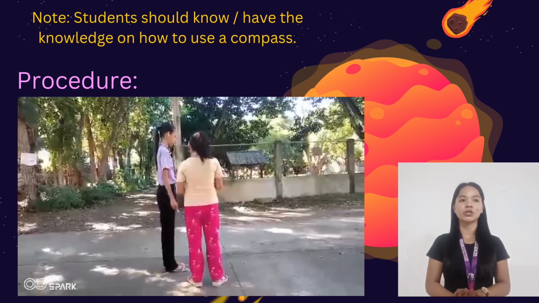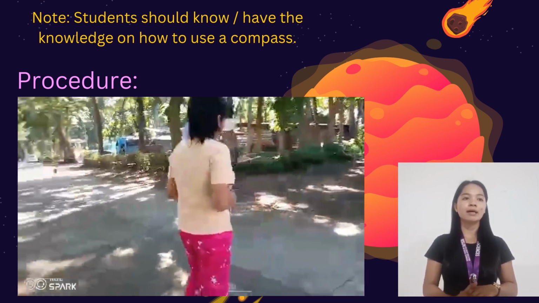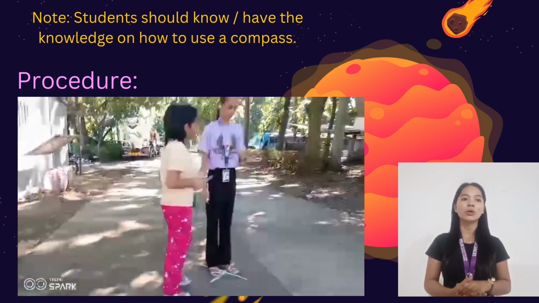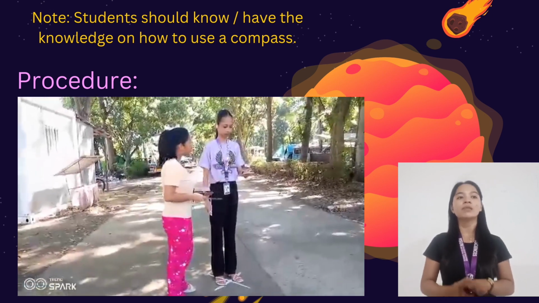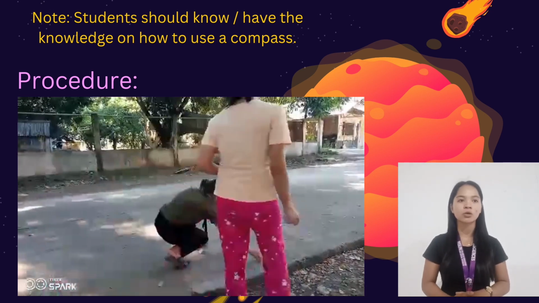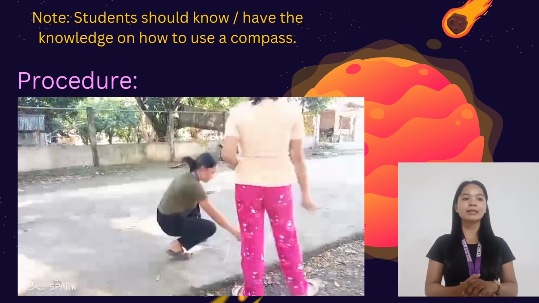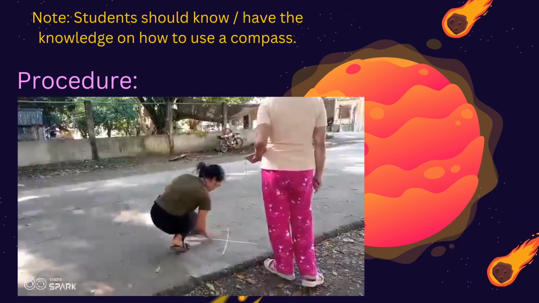So the first procedure is that using the chalk, mark X to identify 10 different locations where students will stand. Second, students have to stand on a fixed place where the mark X is, and hold the compass flat and level in their hands.